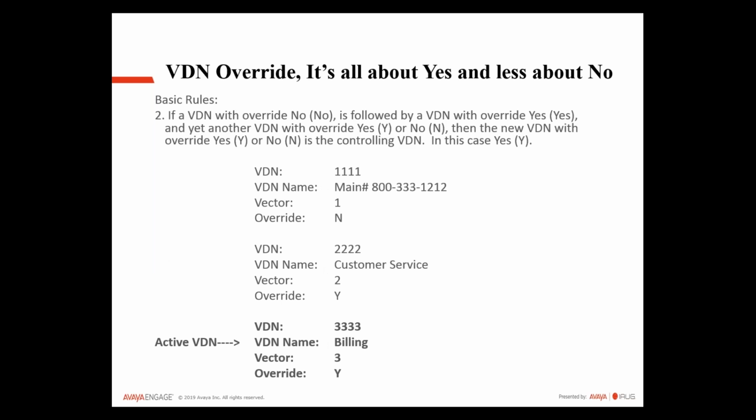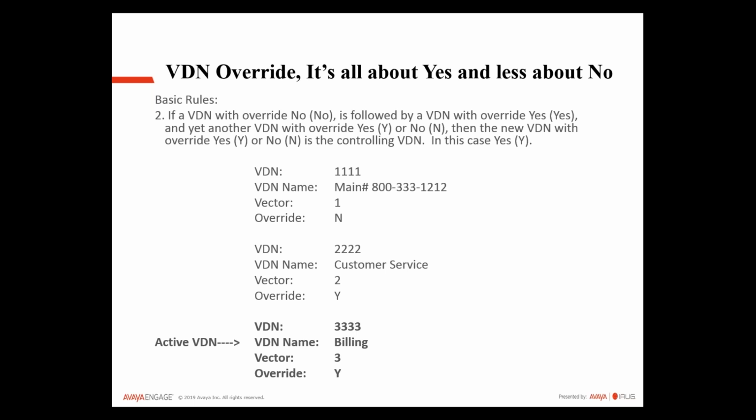So let's shake it up just a little bit. In this example, again, the main VDN is set to no. The second, customer service, says, hey, main, can I override you? So main says no and remains in charge or active. And if the call is answered in customer service, all the information on the main VDN is still applied to the call.